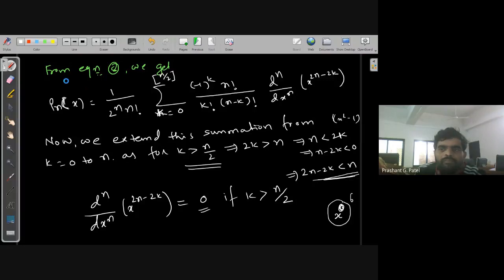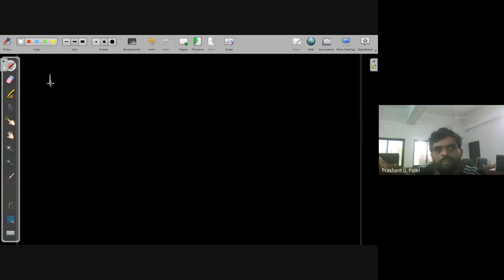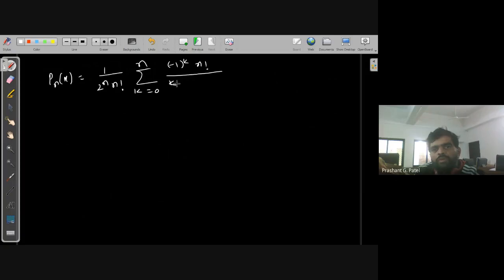So Pn of x will be 1 upon 2 power n into n factorial, summation k running from 0 to n, minus 1 raised to k into n factorial upon k factorial into n minus k factorial into d raised to n upon dx raised to n of x power 2n minus 2k.